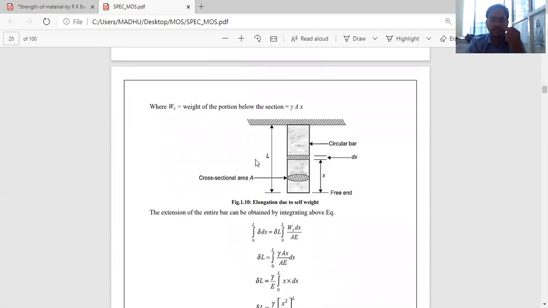So let us consider a long rod or a bar. It is fixed to the ceiling and it is circular in cross section.